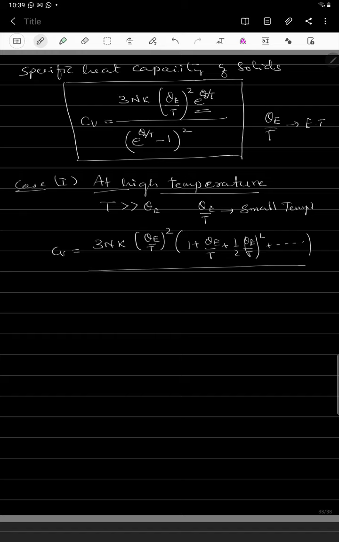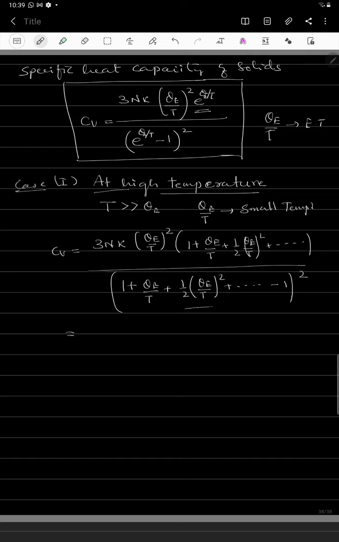So in the denominator, e^(θE/T) is 1 + θE/T + 1/2 (θE/T)² and so on, and then minus 1, whole square.